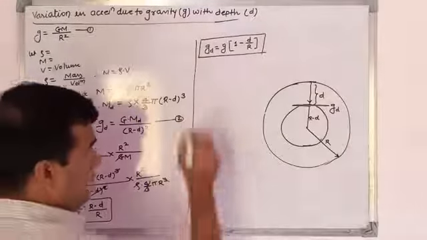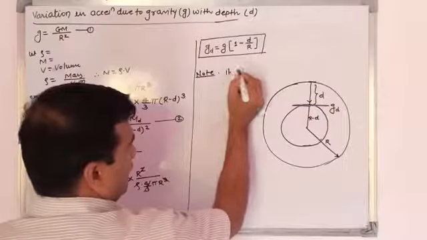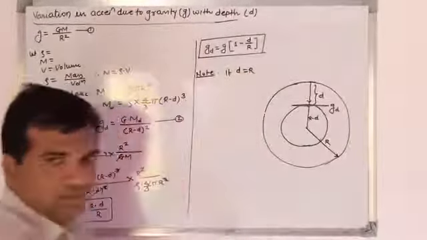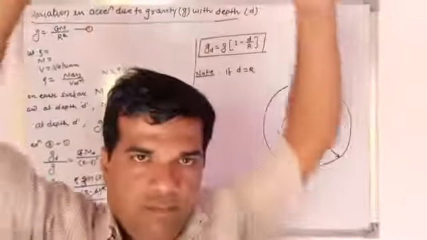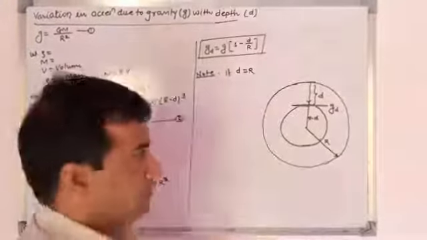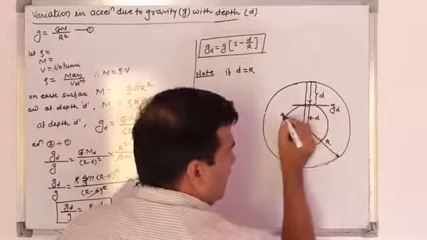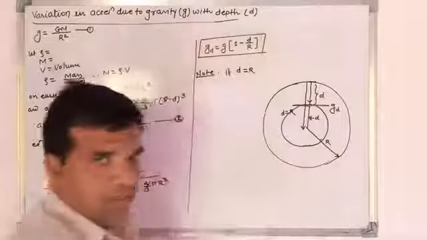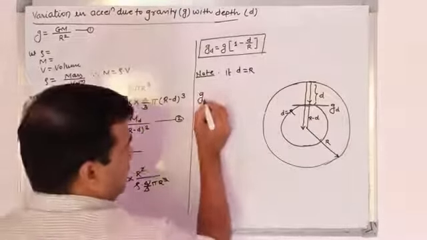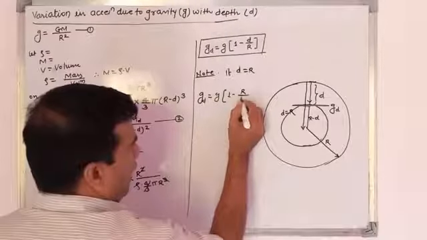Here there is one note: if d is equal to r, that is, if we come from the surface of Earth to the center, then d becomes equal to r, and therefore gd is equal to g into 1 minus r upon r.